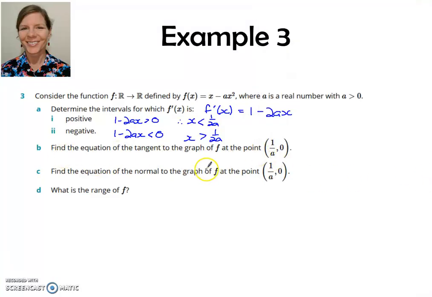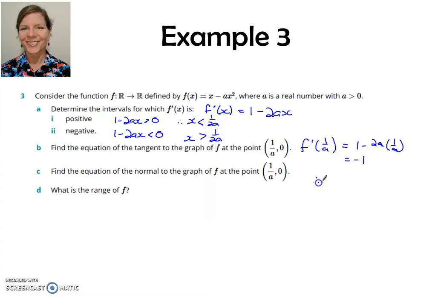Okay, part B. Find the equation of the tangent of the graph at this point. That means we need to know what is f prime when x is 1 on a. If you work that out, it's 1 minus 2a times 1 on a. Those cancel, and that just gives you minus 1. It does say that it's the point 1 on a going through 0, so the y value is 0.